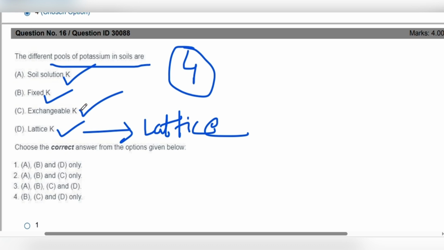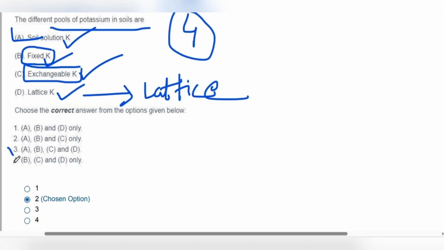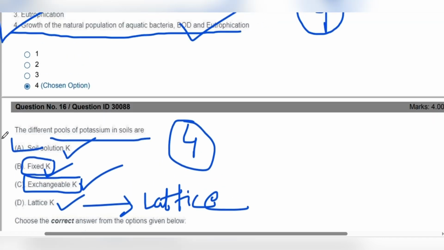Exchangeable K is readily exchangeable and is in equilibrium with the soil solution K, and fixed K is slowly exchangeable. It is slowly available, whereas soil solution K is very quickly available to the plants. So the answer will be option 3. A, B, C and D: all 4 are pools of potassium in soils.